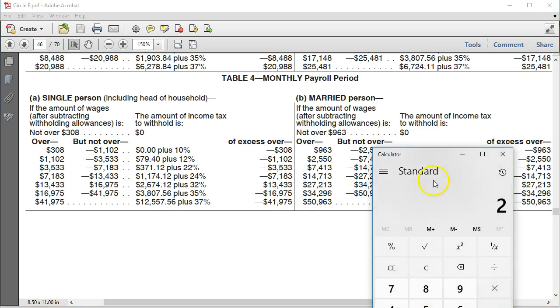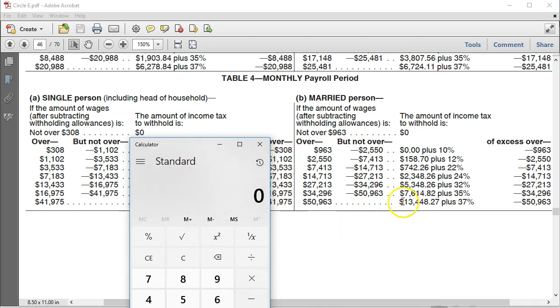So if we take out the calculator here, what we're really doing is we're saying how much is actually in between this section. Well, we said it was 33,962.60 minus the floor of this category, which is 27,213, means that there's 6,749.60 within this range, and that's the 32% range.